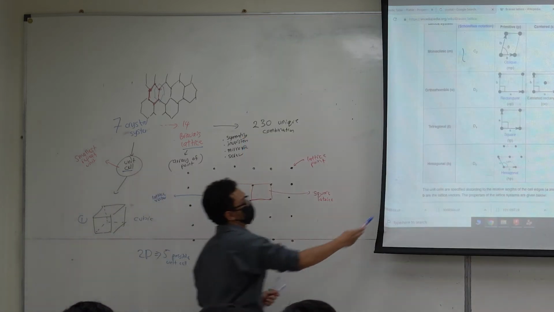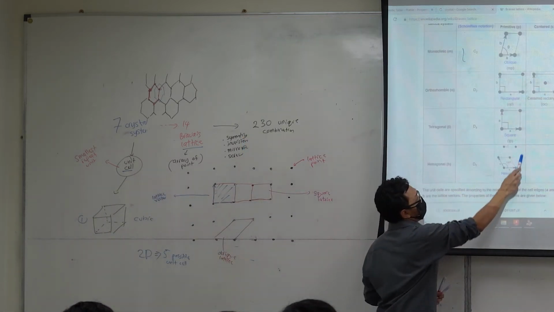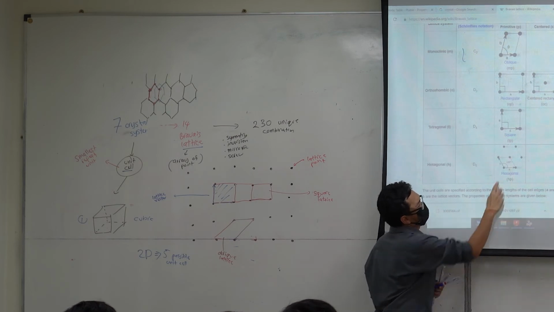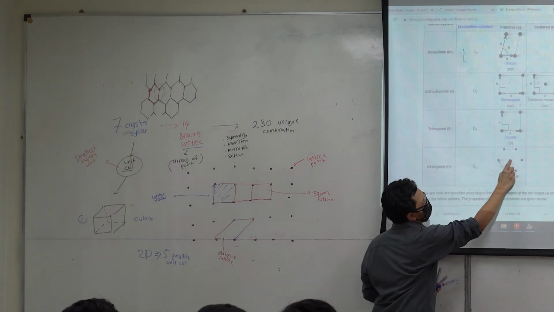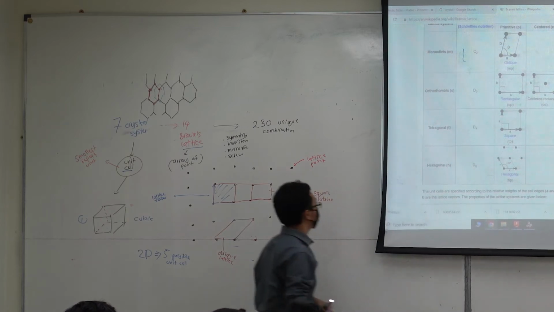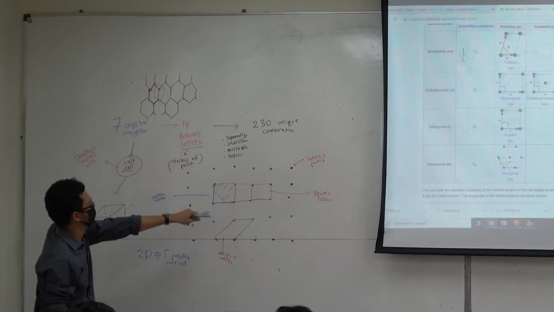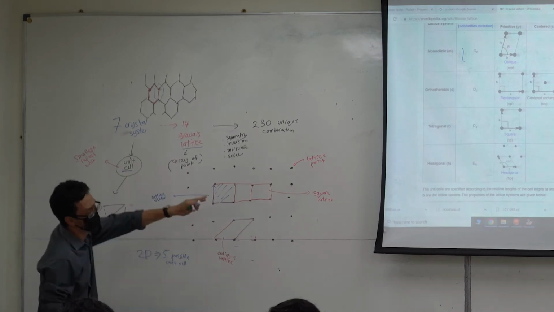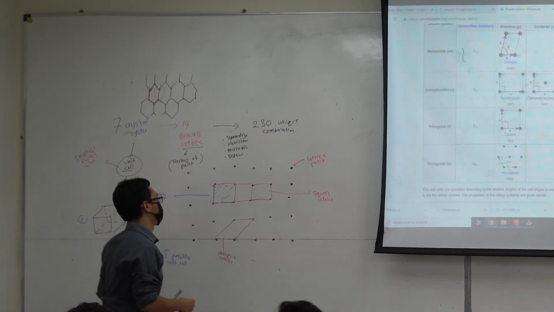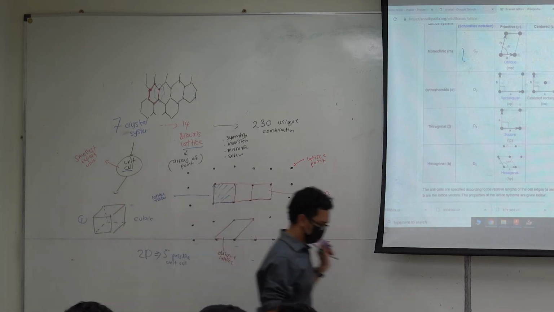Even though they have a hexagonal pattern, the lattice point is oblique. So hexagonal is not one of the possible unit cells in 2 dimensions.